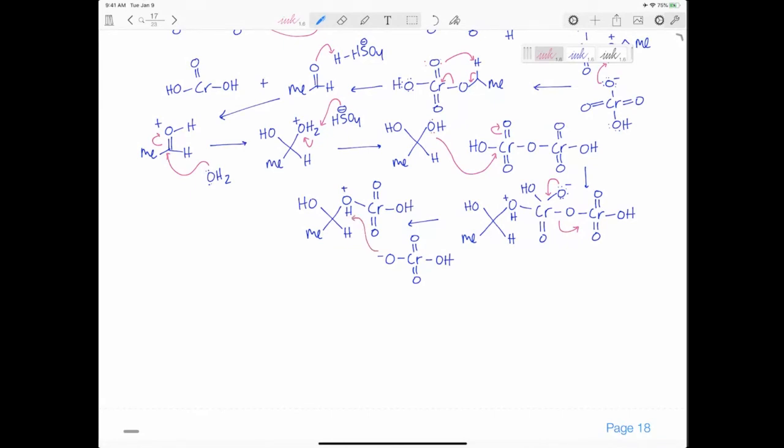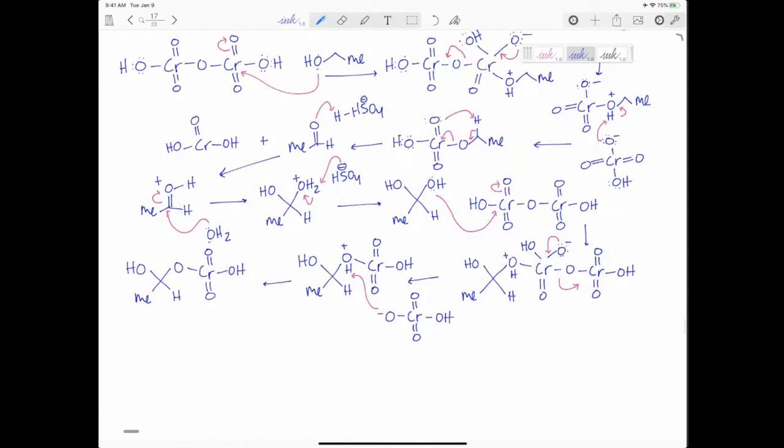Okay, it grabs off that proton to give this here. I'm not going to draw the second product because this one is the exact same thing here.